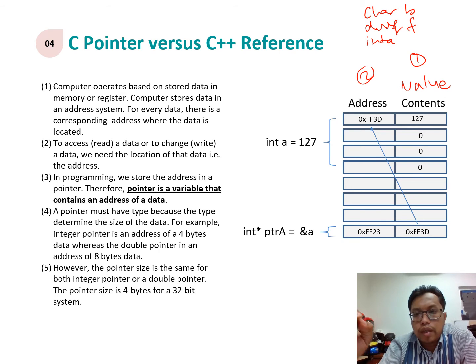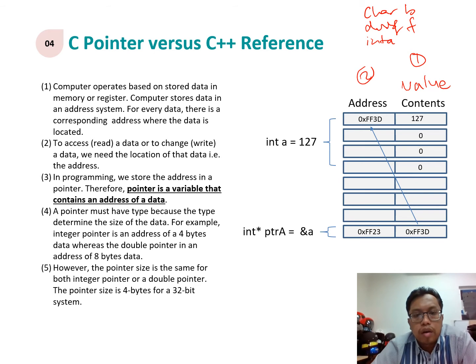So if I say integer a equal to 127, it contains the value of 127 here, and also it contains the address. This is an example. Let's say that the address of integer a is this value.